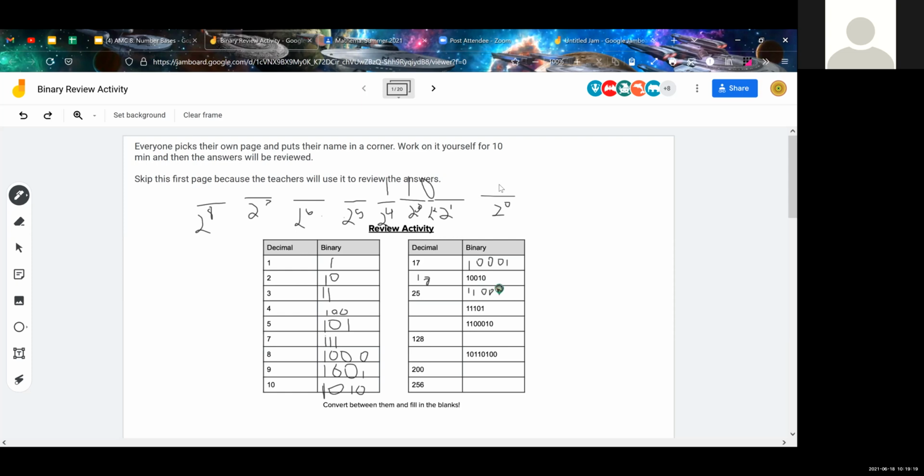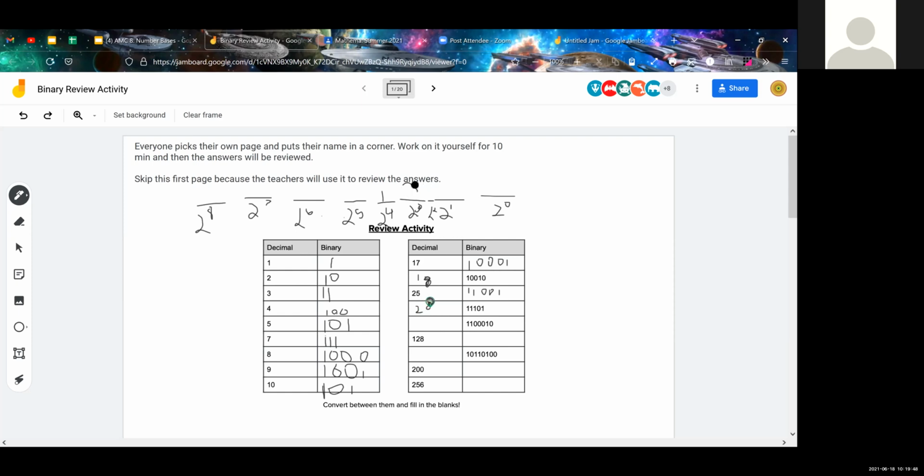Next, 1, 1, 1, 0, 1 is 16 plus 8 plus 4 plus 1. So that's just 29. Wait, for the second row in the column, that's 18, right? Yeah, that's 18. Sorry, my handwriting is not very good.